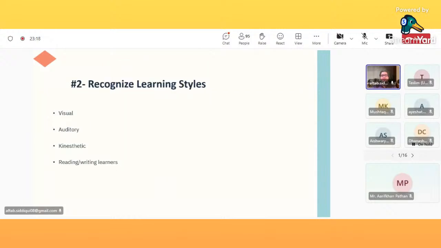Now, the second thing: you need to understand their learning styles. Okay. When it comes to learning, there are three types of learners, or you can say four types of learners. Some are visual learners.